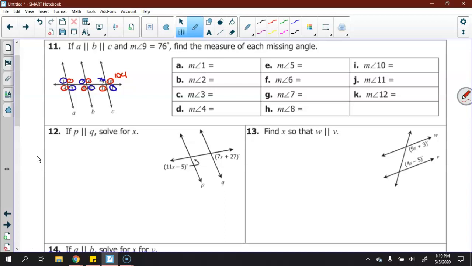Do they just equal each other? Yeah, so these two equal each other. These two add and equal 180 degrees. All right, so because these are same side interior, they're supplementary. These two, luckily, corresponding angles, set them equal to each other and be done. All right, that makes sense.